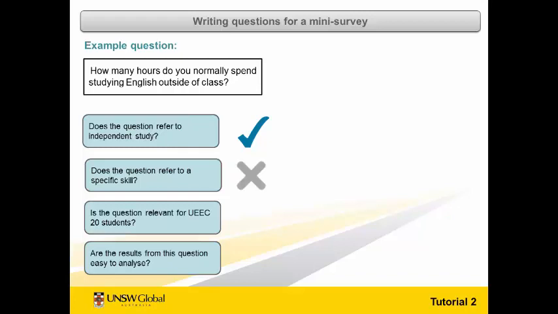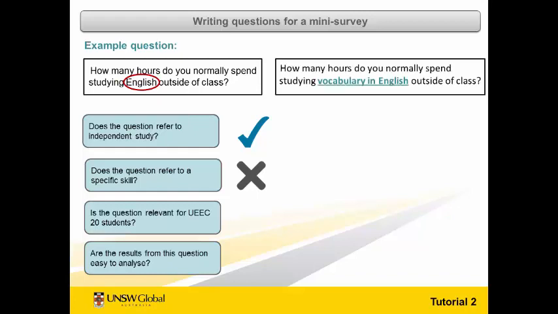In this case, it doesn't. It refers to English, which is just the general subject. Remember, we're focusing on a specific skill, such as listening, reading, writing, or vocabulary. So we can rewrite this question to make it more specific. And notice that we've referred to the specific skill in the question.